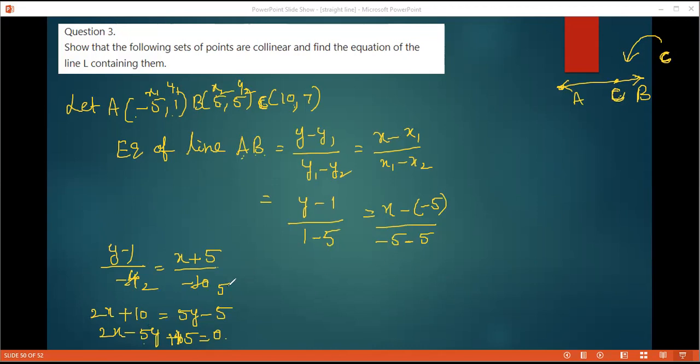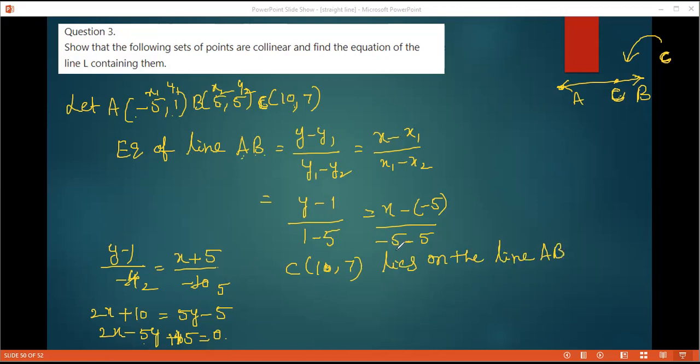That means when you put that point in this equation, it has to satisfy. That's why what I do is, C is 10 comma 7. So does C 10 comma 7 lie on the line AB?